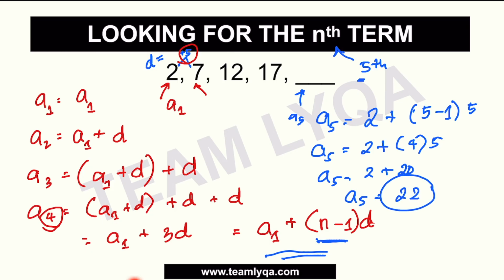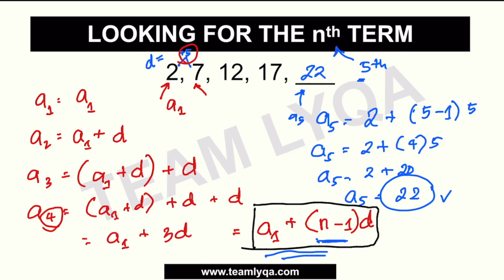Now, kung minanwal natin, katulad ng ginawa natin kanina, plus 5 plus 5 plus 5 plus 5, 17 plus 5 ba 22? Now, ang sagot dyan ay oo. So, ibig sabihin, tama tayo dito. So, doon natin nakuha yung ating formula, which is going to be this. The nth term is equal to A sub 1 plus the quantity n minus 1 times D.